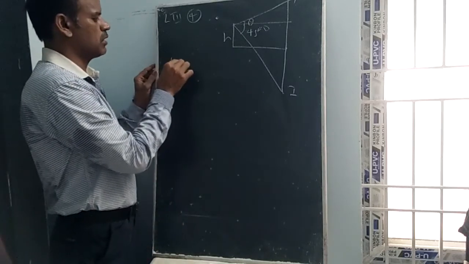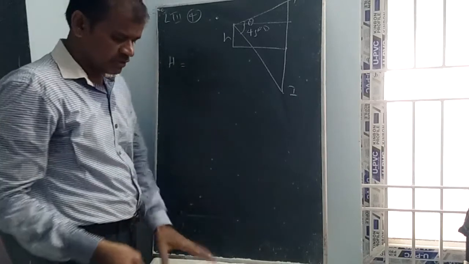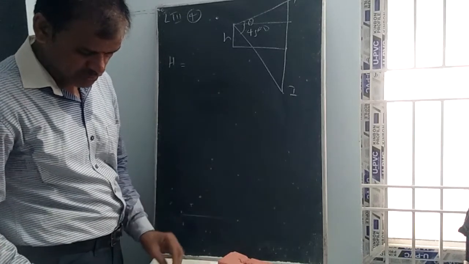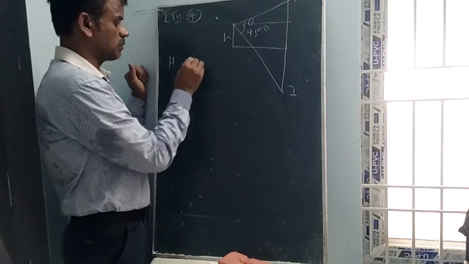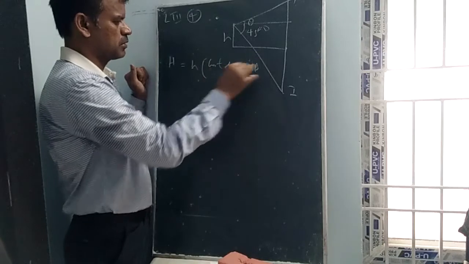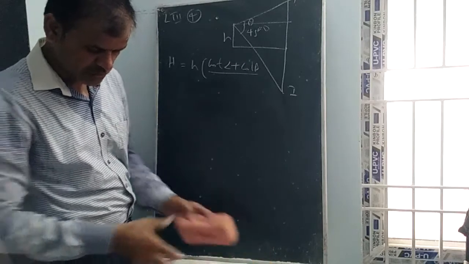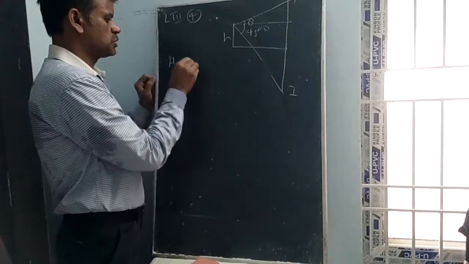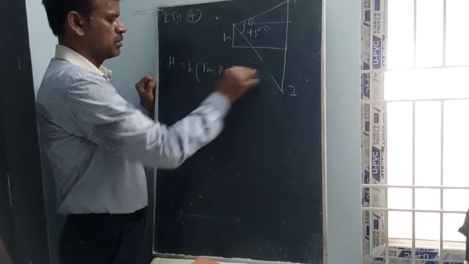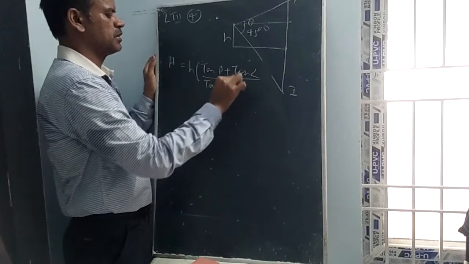So using the formula, capital H I am writing here. Capital H is equal to A sin of, not sin, in terms of tan and cot. So small h into cot alpha plus cot beta by cot alpha minus, let us see, tan beta plus tan alpha by tan beta minus tan alpha.